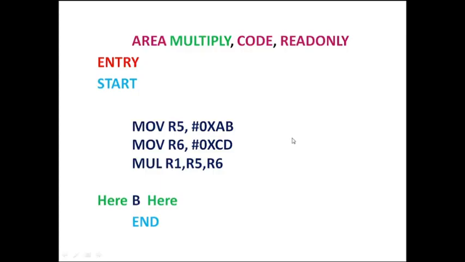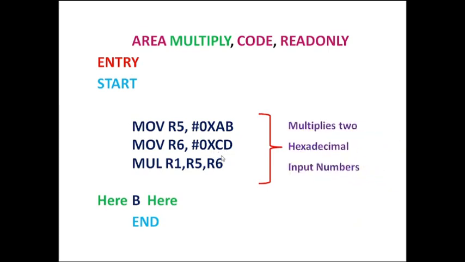This is another approach of writing this program I have seen in the YouTube tutorials. Here to the R5 register we are loading the hexadecimal number AB. Similarly to the R6 register we are loading the hexadecimal number CD. Finally we are multiplying. As you can observe here, we are simply feeding in two hexadecimal numbers.